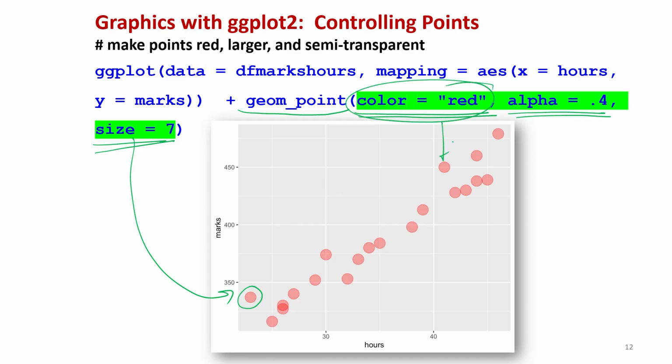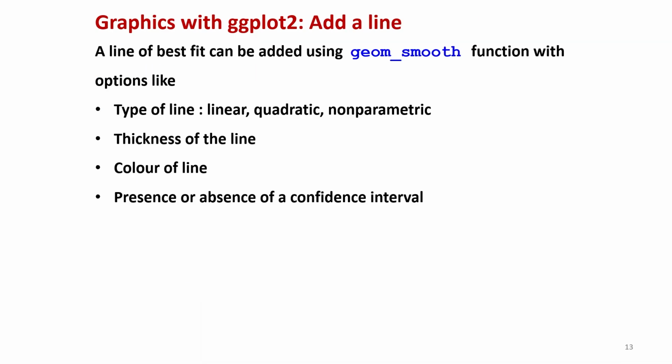Now alpha is equal to 0.4. So for example, at this point there are 2 points which are overlapping. You can see when the points are overlapping, they are reasonably transparent, and you can see what's happening where they overlap each other. So this is how you can create these things.